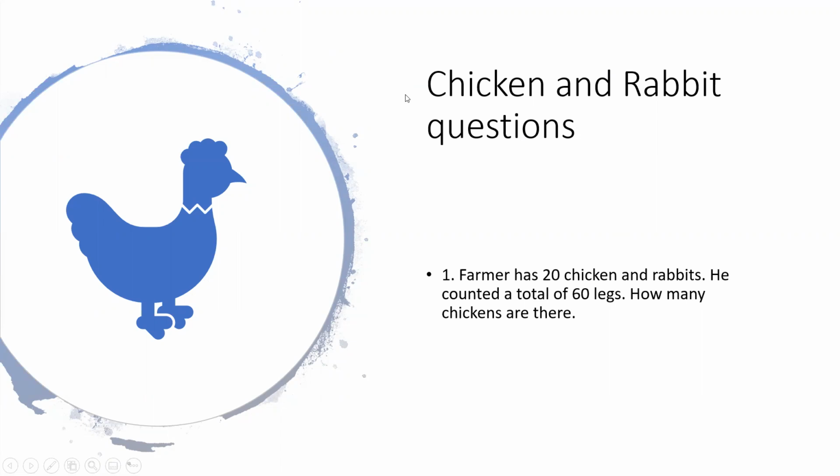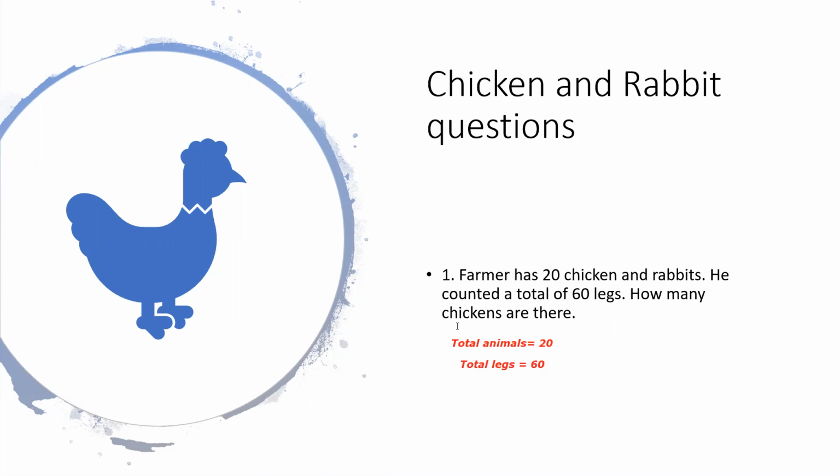All right, let's list down what we know and what we don't. We know total animals equals 20. And we also know that total legs equals 60.